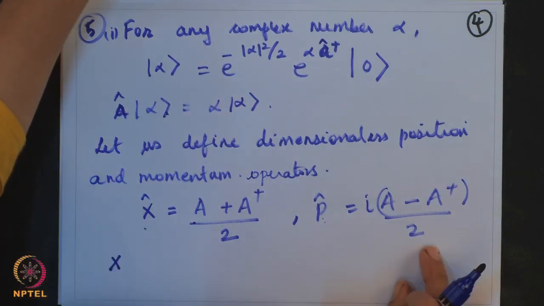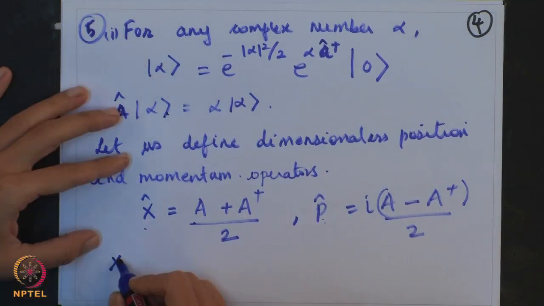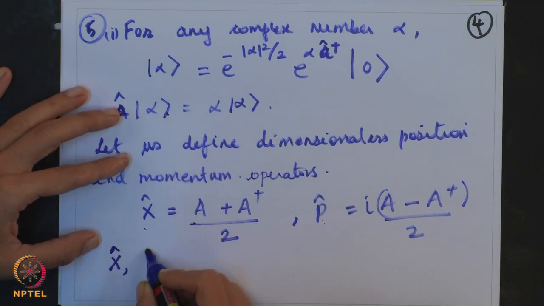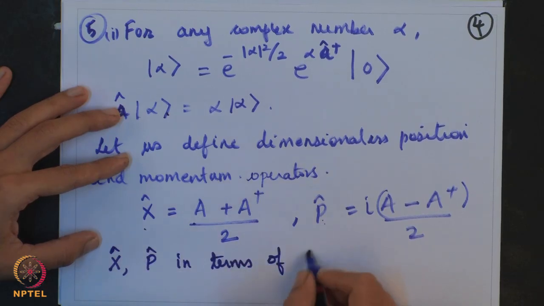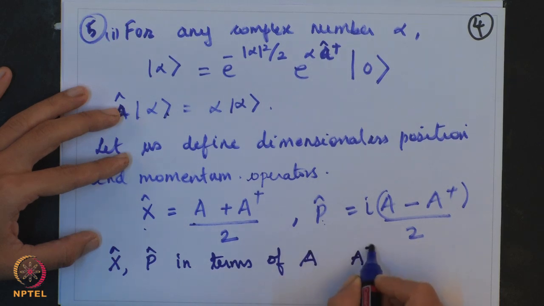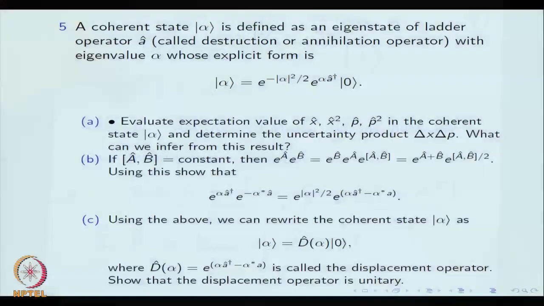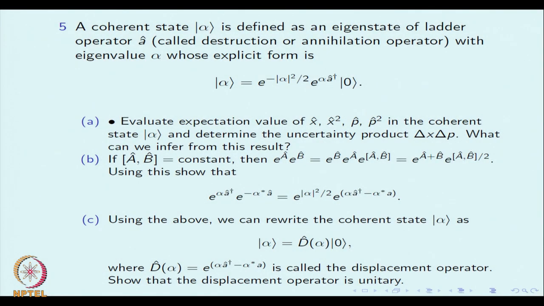Okay. So, now let us rewrite x and p in terms of A and A dagger. Okay. A and A dagger. So, what will be in terms of A and A dagger?